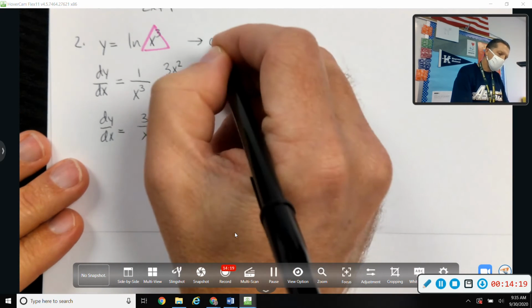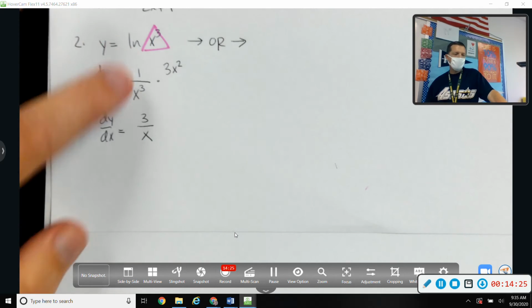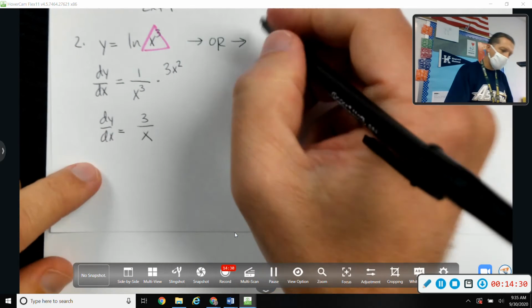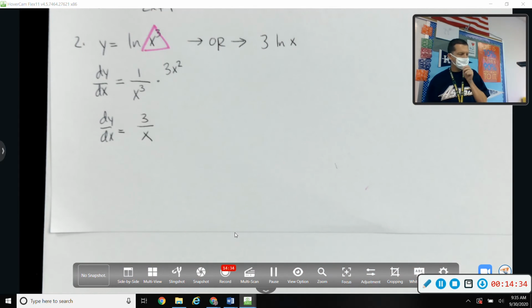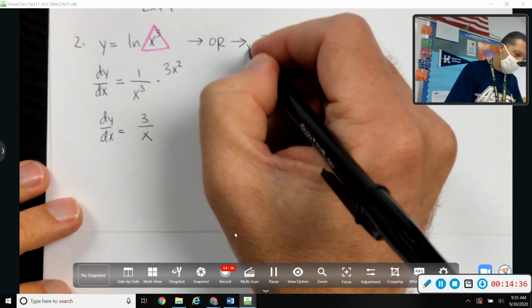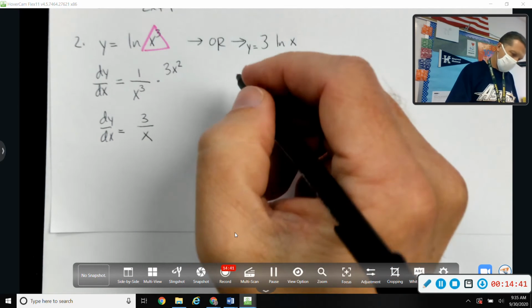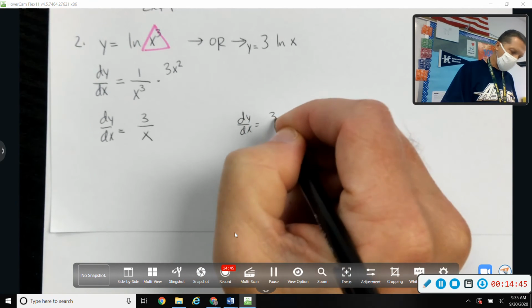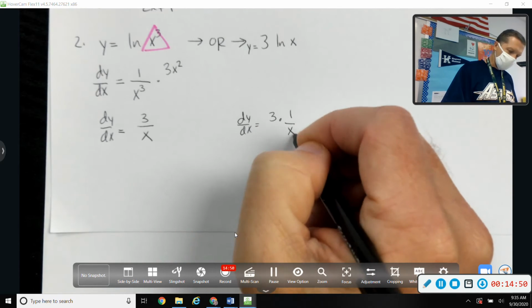Now, there's another way to work that problem, though. If we used our algebra first, like we had to pay the price in calculus, which wasn't bad, but if we notice that, wait a minute, I can do something with that 3 and move it out front and just change that to y equals 3 natural log x, then dy dx is 3 times 1 over x.